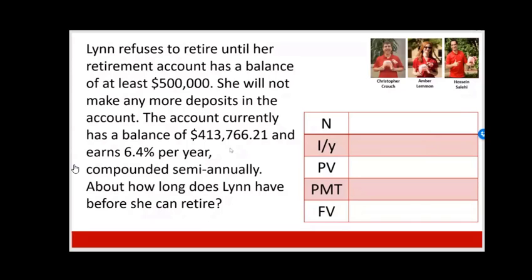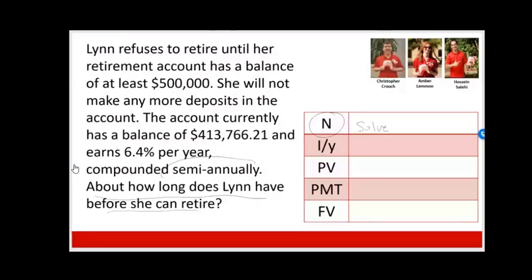Okay, so the first step is to figure out what piece of the puzzle you're trying to solve for. The end of the question says, about how long does Lynn have before she can retire? So we know that we're looking for the n. The next step would be to figure out what kind of compounding we're using. We can see it's compounded semi-annually.